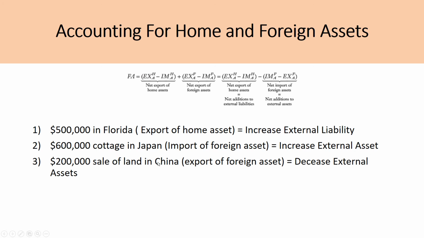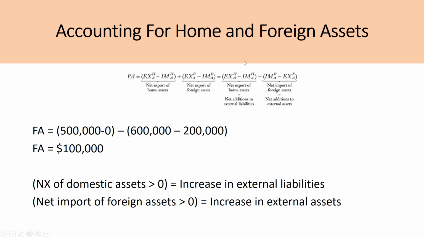So of these three transactions, the sale domestically increases the external liability, while there are two changes in external assets. The $500,000 sale in Florida is an increase in the external liability, whereas the two transactions offset each other for the external asset account. And so now we're looking at this side of the formula.